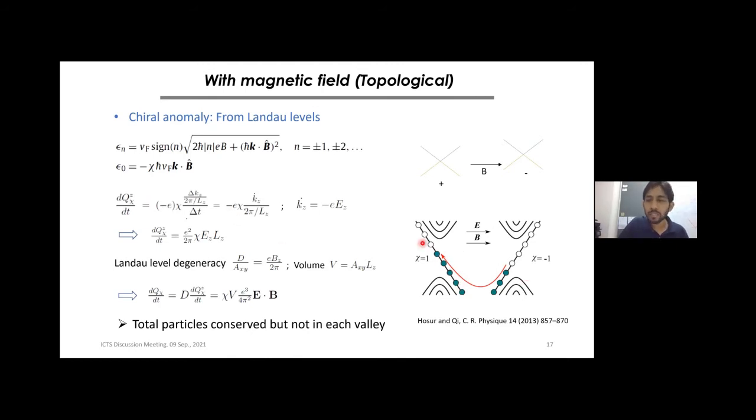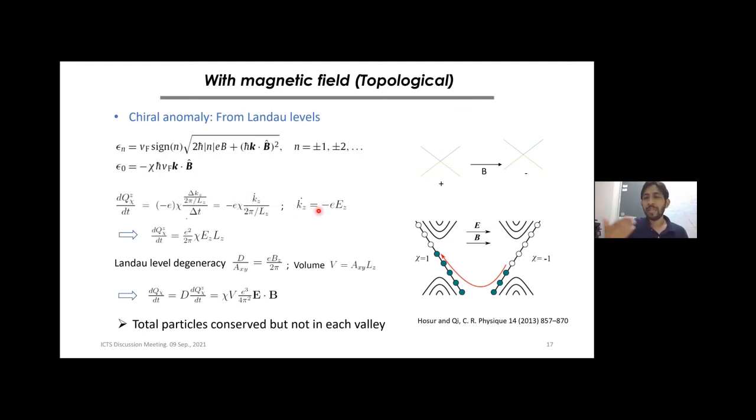So if I think how the charges are moving out with time because of my electric field, I can simply think that the rate of change of charge with time is how many points there are in the k space. We know k is in terms of 2 pi over Lz. Lz is the real space dimension on this side, that over delta t, right? And that is essentially kz dot.